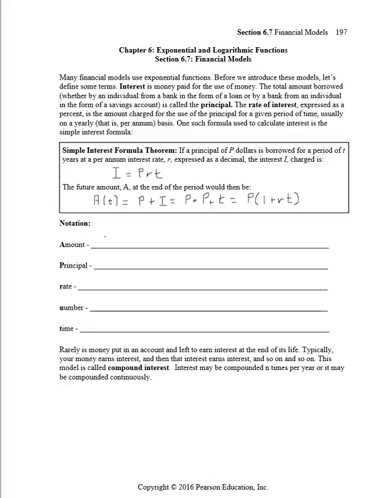Now, let's talk about notation for a minute. A is the amount. That is the future amount, or how much it's going to be worth however many years later, and we call it A. The principal is the amount borrowed or invested, depending on whether we're borrowing money or we're letting someone else borrow it.